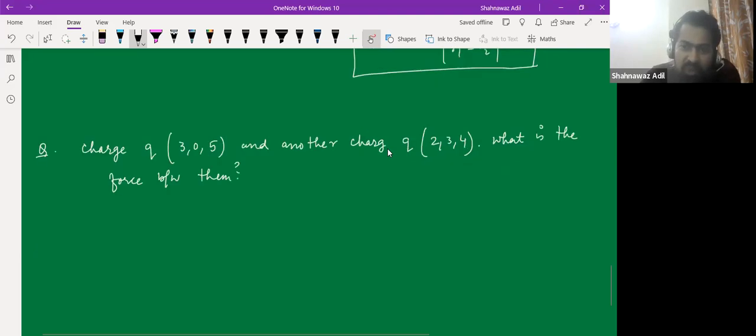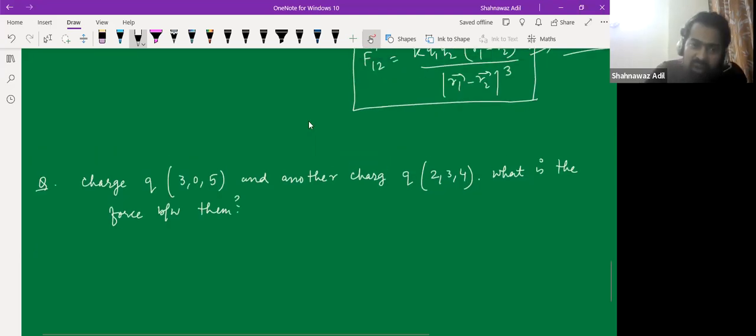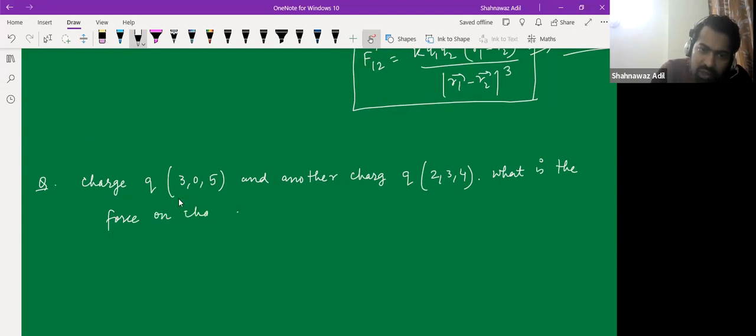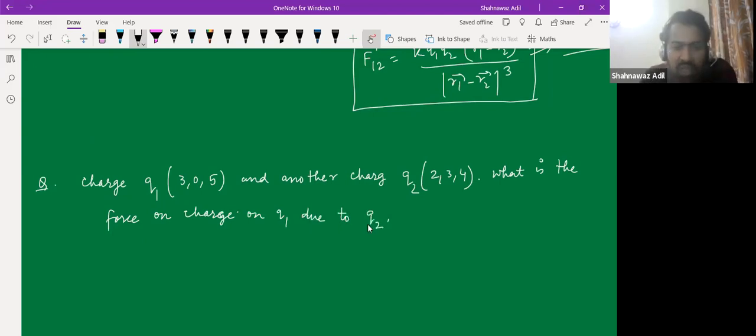So we have to calculate what is the force on charge, let's say this is Q1, and on Q1, Q, so what would be the force, right?